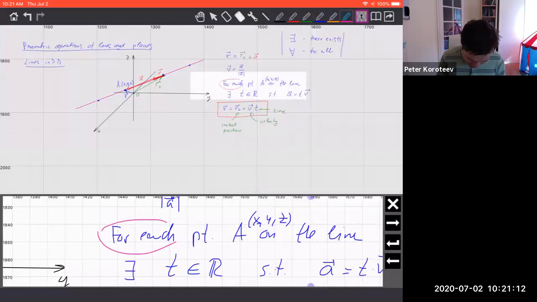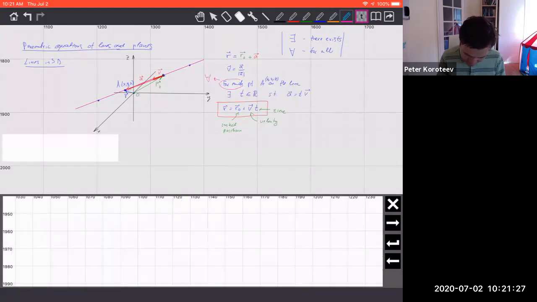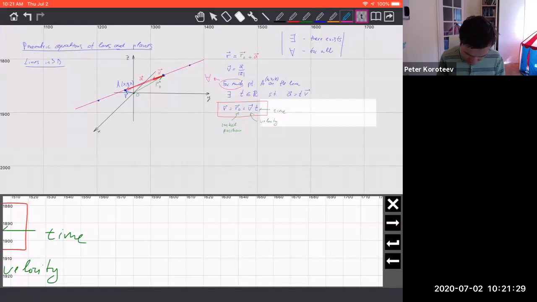So I can replace this with the symbol: for every point A on the line, there exists a number T in R such that A equals R0 plus V T. Okay. Other questions? Good.